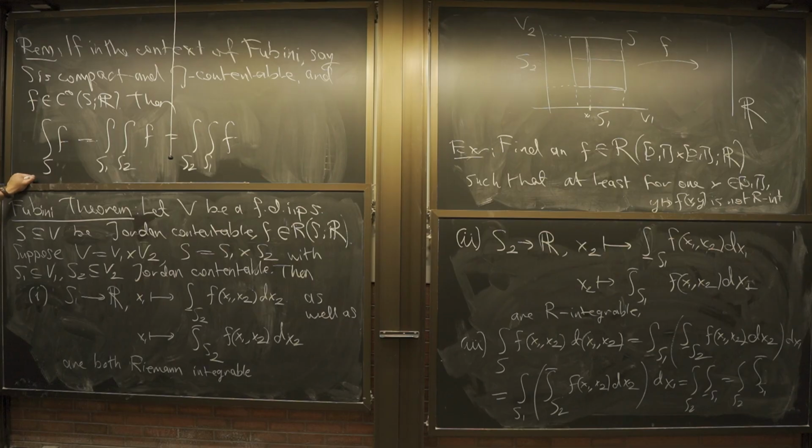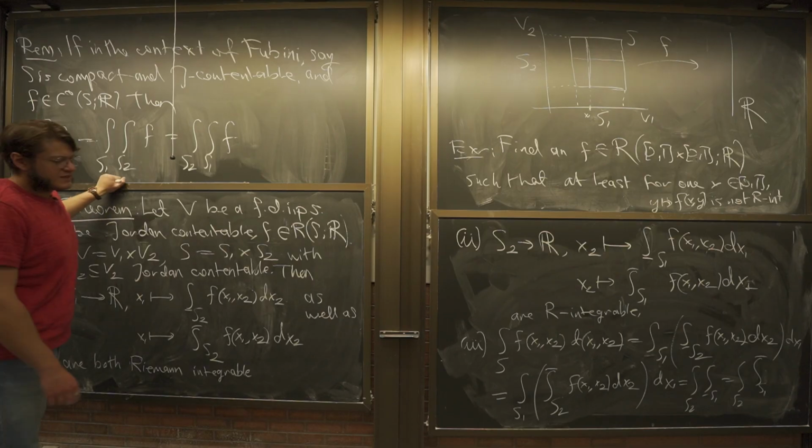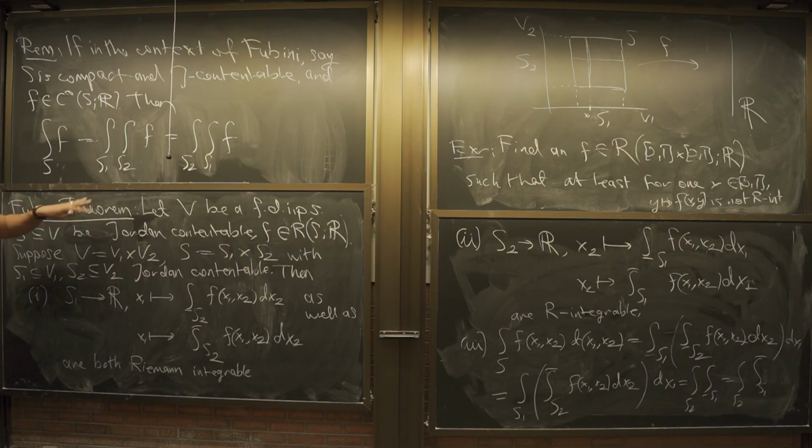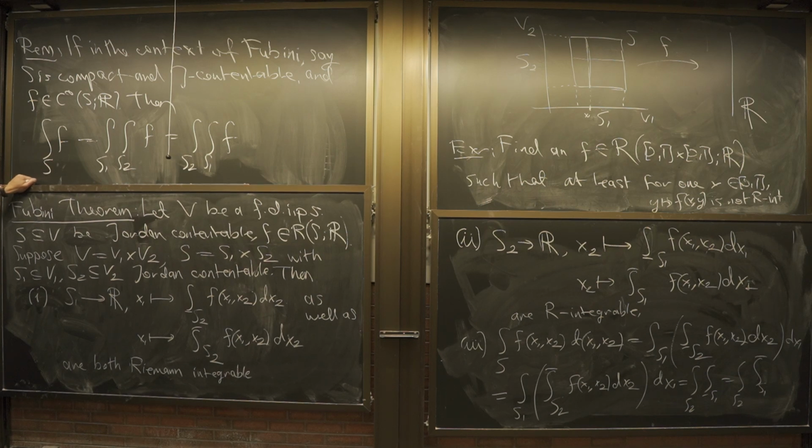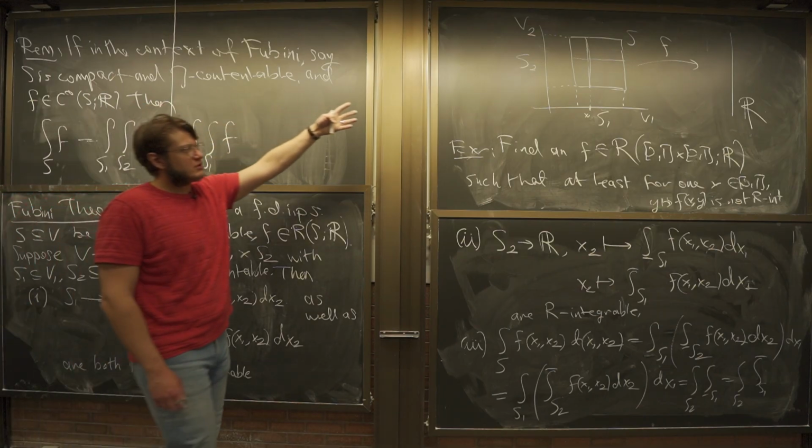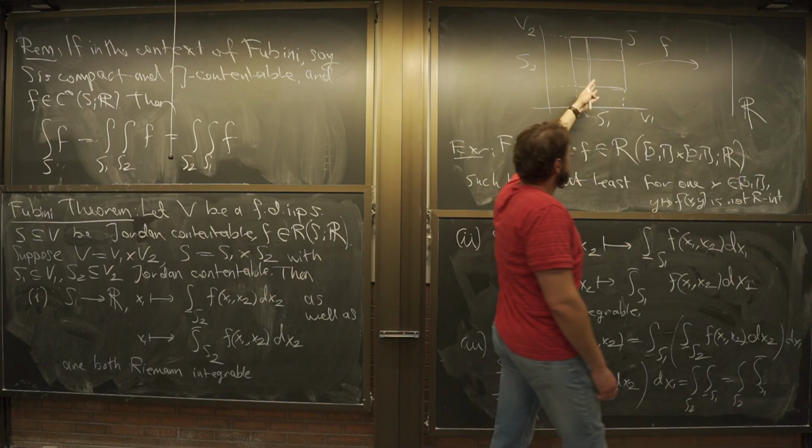Yeah, ultimately, maybe I should say this, the reason why things are sort of complicated in the context of Fubini is that the notion of volume changes dimension. Right? You start with an essentially two-dimensional integration.